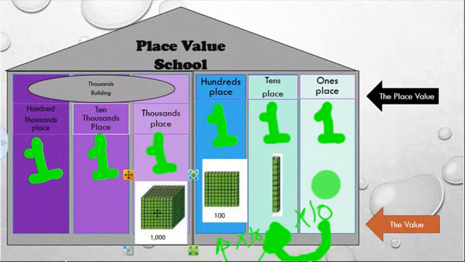It's 1,000 units. So there is a difference between each digit here. Yes, all of them are 1, but the value of each one is different from the other. The value of the tens place is 10 times as great as the ones place, and the value of the hundreds place is 10 times as great as the tens place.